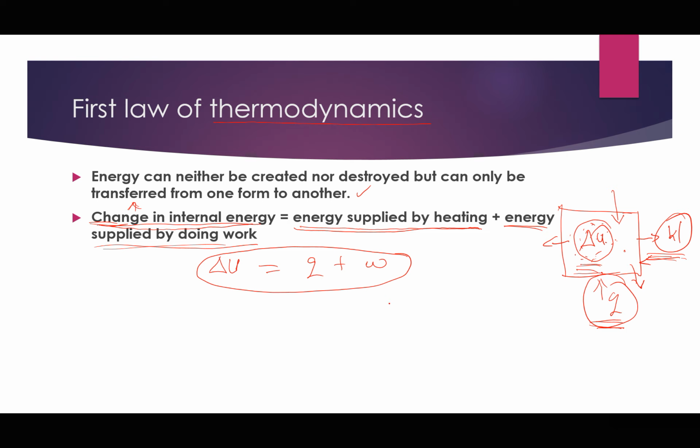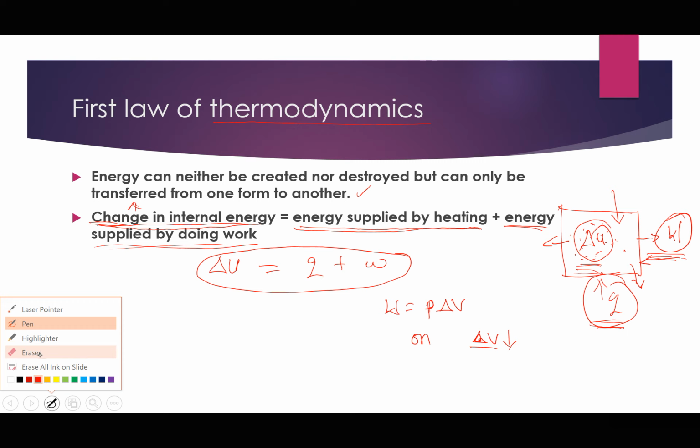Remember, the work done by a gas is given by pressure times the change in volume. We saw this in AS. The work done by the gas or on the gas is given by pressure times change in volume. If work is done on the gas, it means the volume is decreasing.